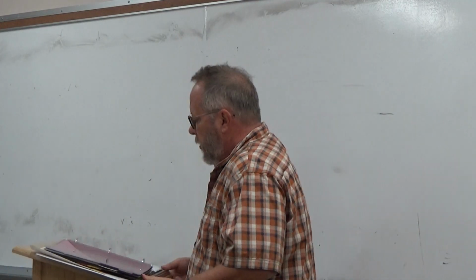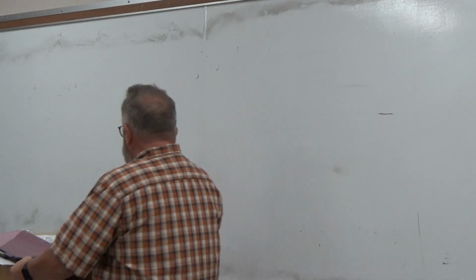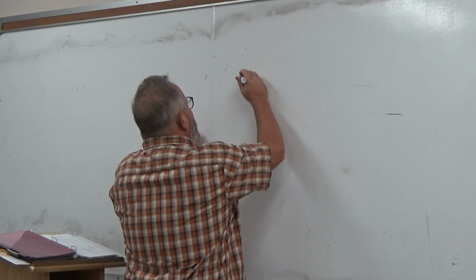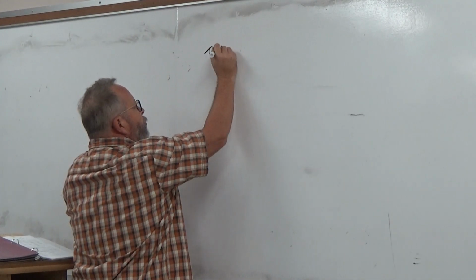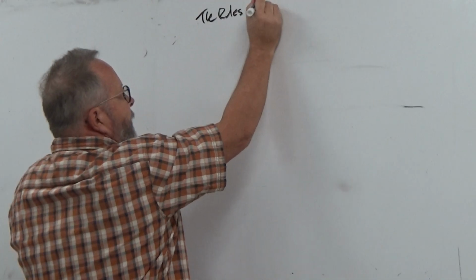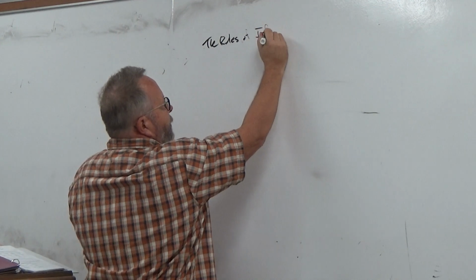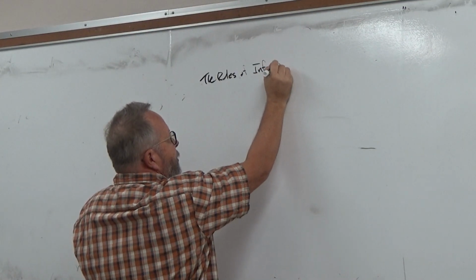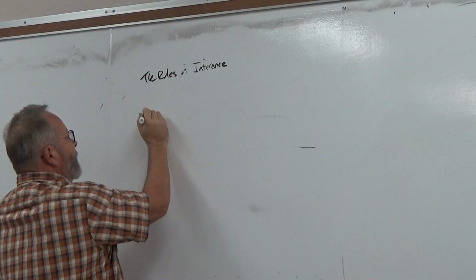Okay? All right, so the rules that you've had up until now are called the rules of inference, okay? The rules of inference. And it's something like this.